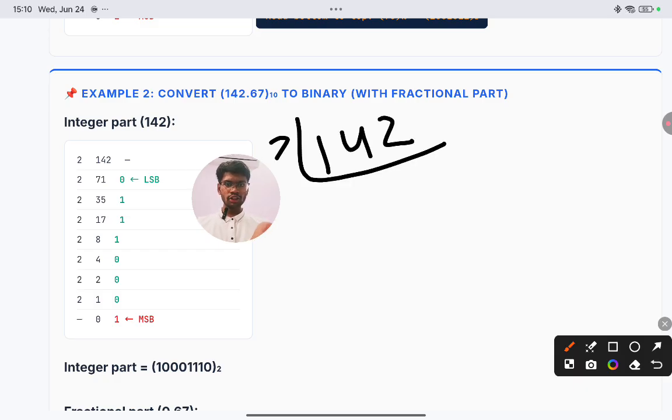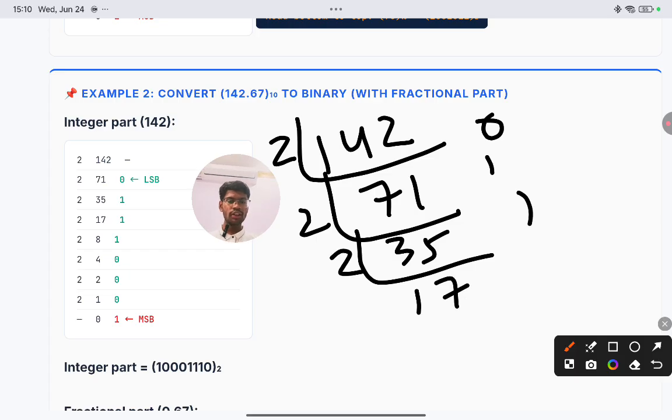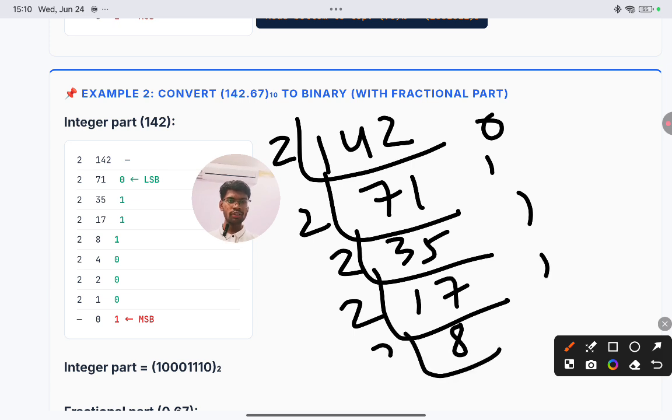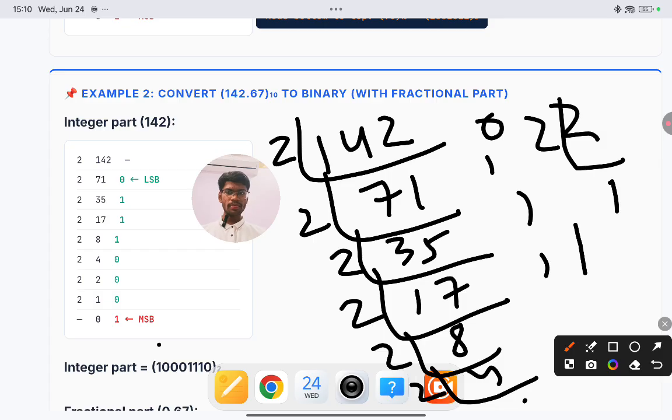You divide this by 2, you get 71, remainder 0, and divide by 2, it's 35, remainder is 1, go and divide by 2, 17, remainder is 1, go divide by 2, remainder is 1, go divide by 2, you get 4, then you get 2 here finally, and then you divide by 2, you get 1. So basically this will be what we get, if you see all the formats, right?